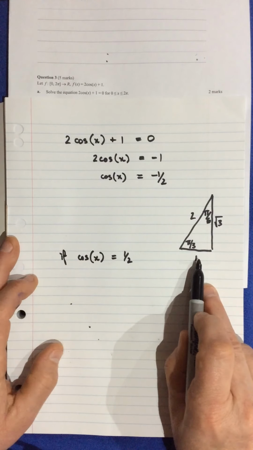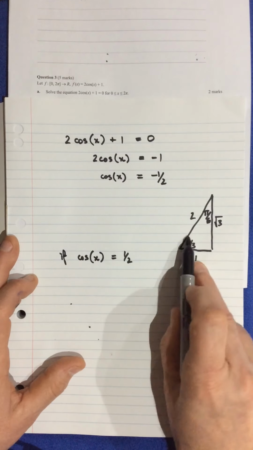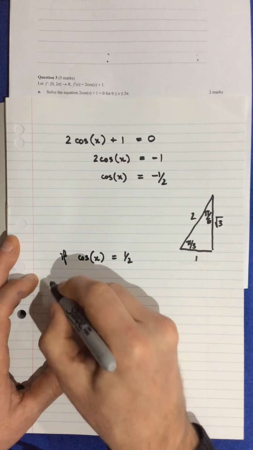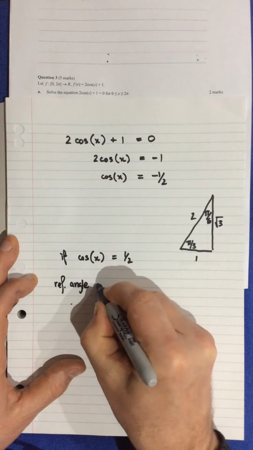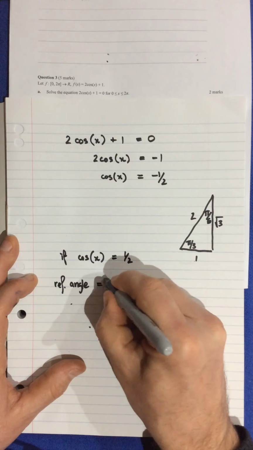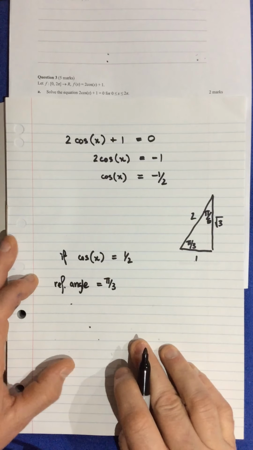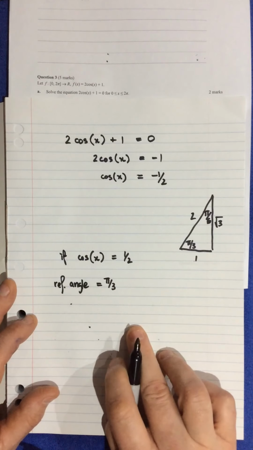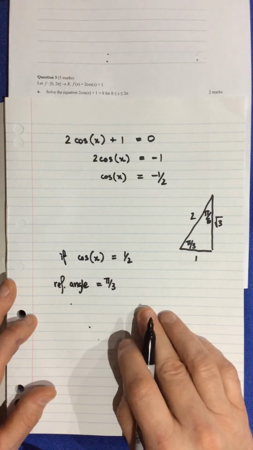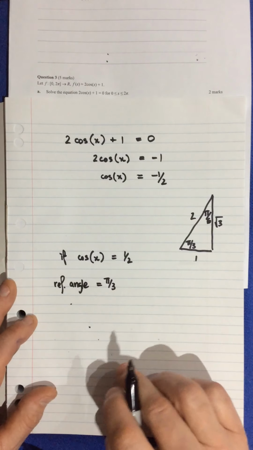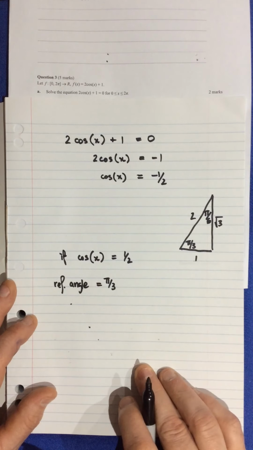Remember, cos is the adjacent side, so that would be my adjacent side, my hypotenuse. So the base angle, the reference angle, would be pi on 3. Okay? So that would be my solution if it was a half, or at least that would be one of my solutions, because remember we're talking about a circular function, and so we can have multiple solutions.